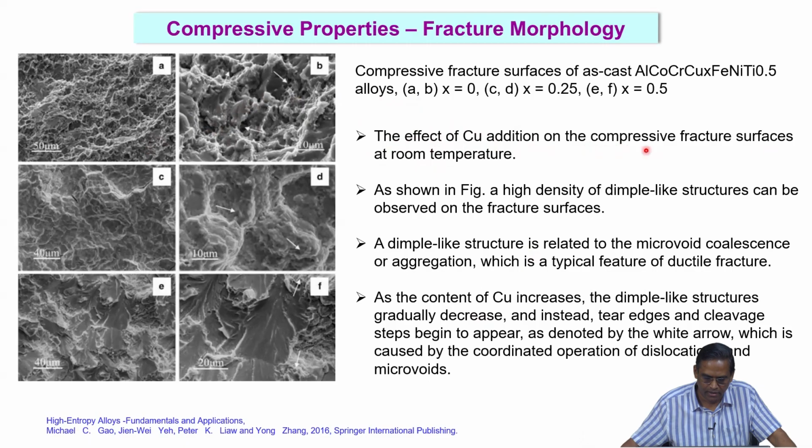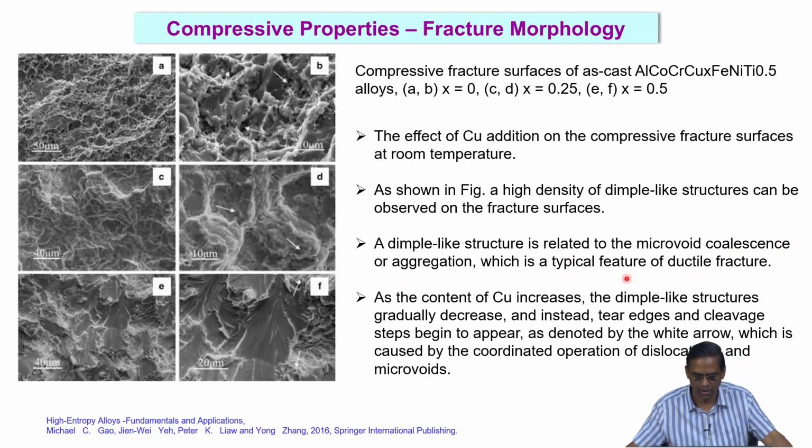So, here the effect of copper addition on the compressive fracture surfaces at room temperature is shown. And then what you see is a high density of dimples here, and a dimple-like structure is related to micro-void coalescence. This I showed yesterday, how the micro-void coalescence or aggregation is a typical feature of a ductile fracture.